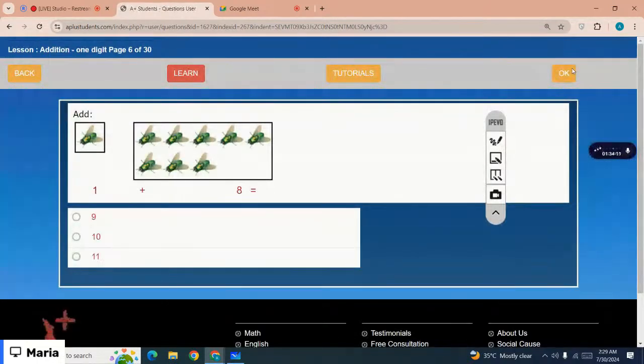Add 1 plus 8. So which is the correct option? Yes, that is 8 plus 1 is 9.